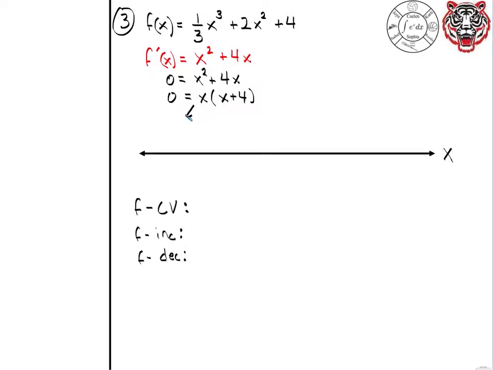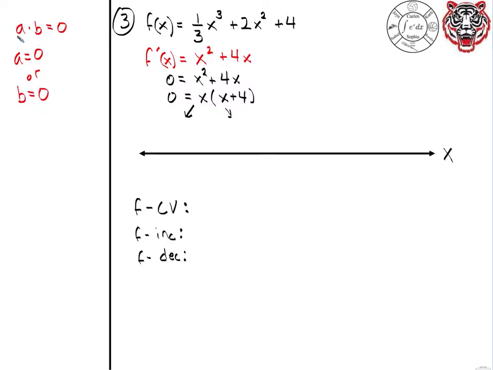Not exactly. This turns into two problems. The two problems are this thing is equal to 0 or this thing is equal to 0. Whenever I have two quantities, A and B, and when I multiply those two quantities to get 0, that implies A equals 0 or B equals 0 or both.